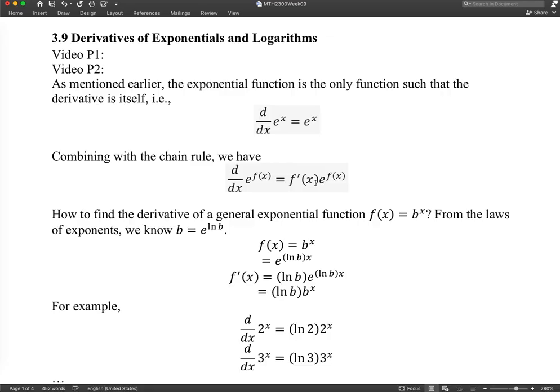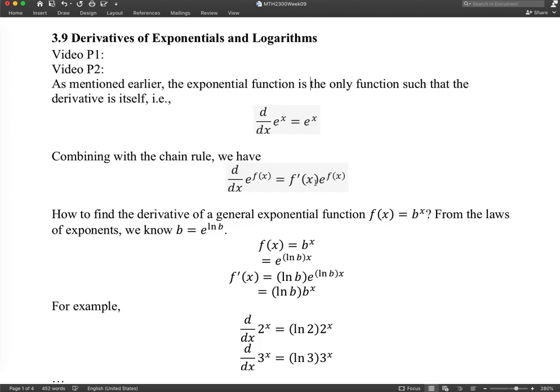And also, mostly in class, when we say the exponential function, we mean the exponential function with base e, but practically many times we do have an exponential function with base other than e. So if that is the case, how do we handle the derivative of an exponential function with base other than e?